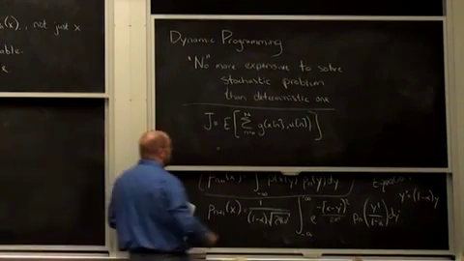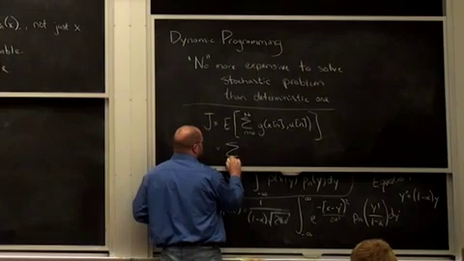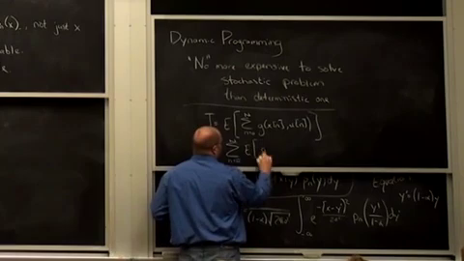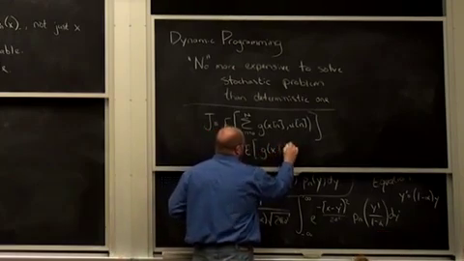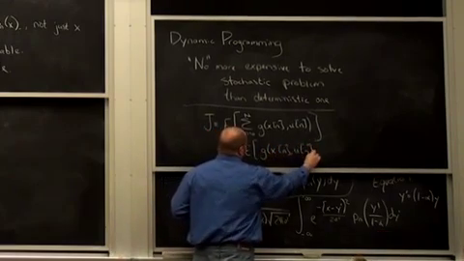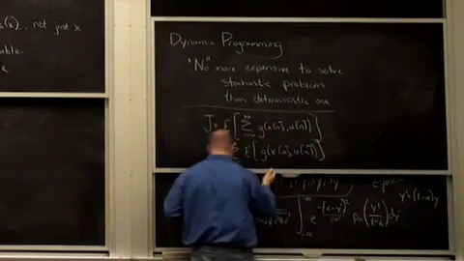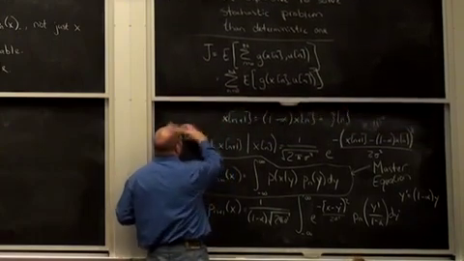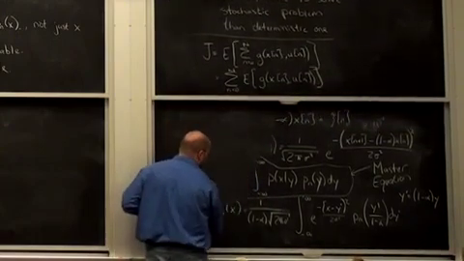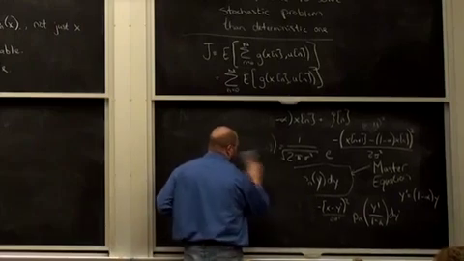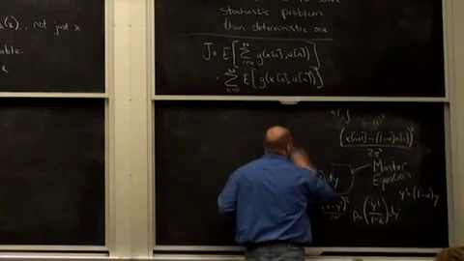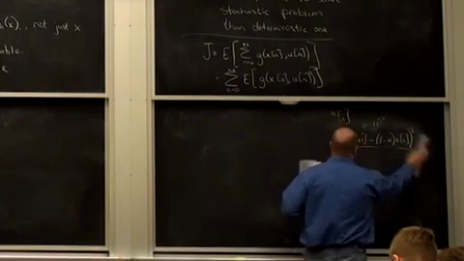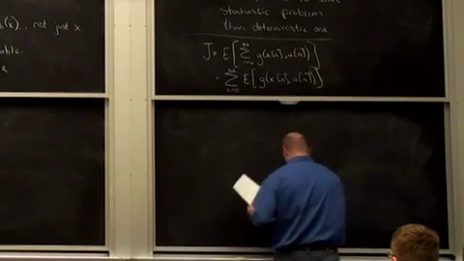First of all, I can take that expectation inside. And now what's the expected value of g at x_n, u_n? Well, x has got some distribution given by p of x_n.